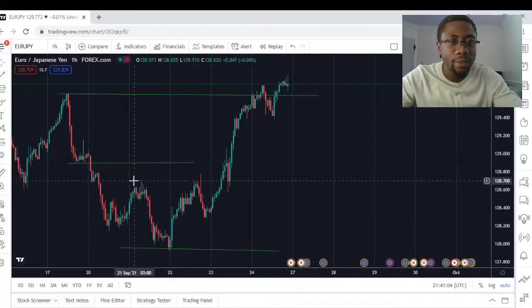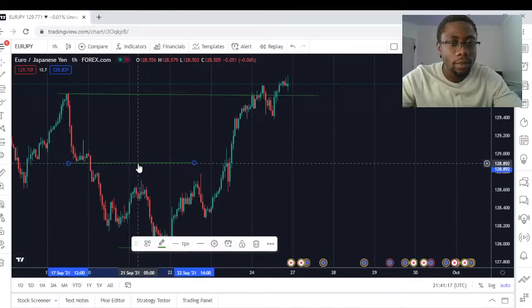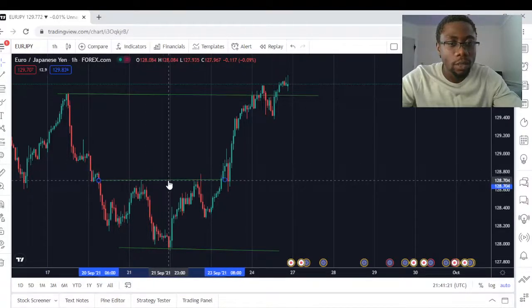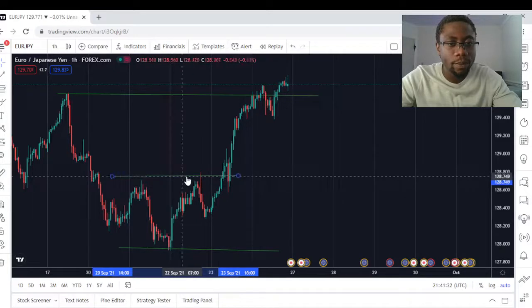Then you have this area where price has created a little bit of a high, a swing high. So we will put this line right here.